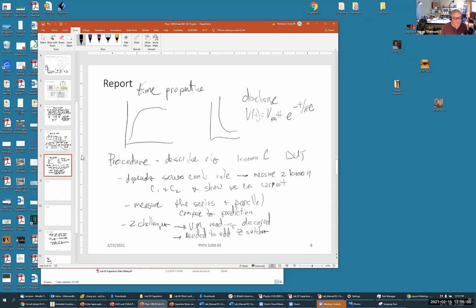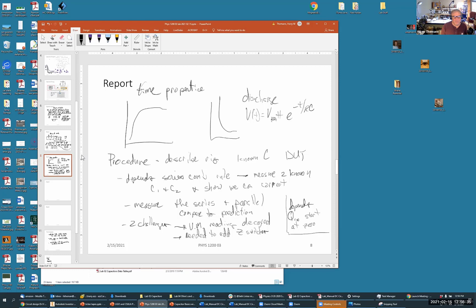And so you don't have to go through a long explanation of the steps you took. You just say that in between each measurement, we had to make sure each capacitor was at 0 Q. You need to mention that it depends on the series combination rule of the device, but in fact, all the calculations depend on Q of the cap starting at 0.